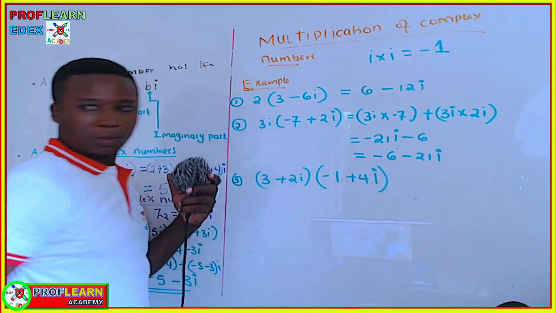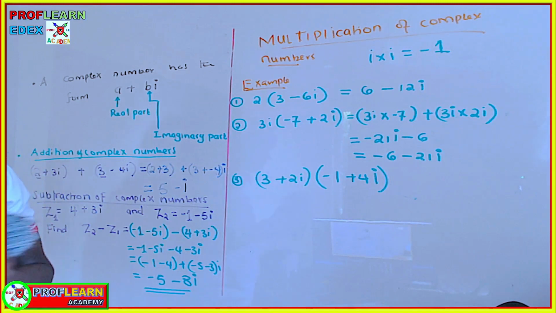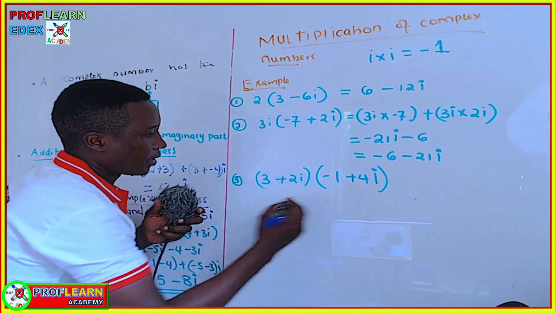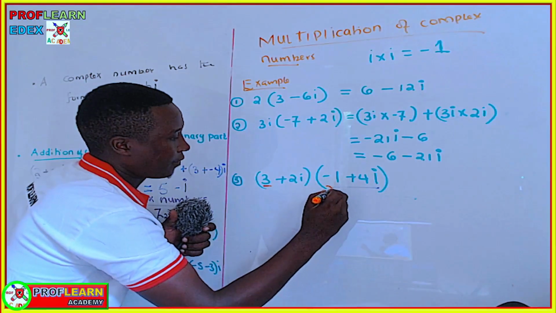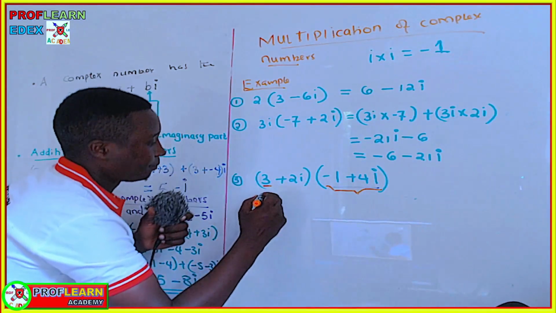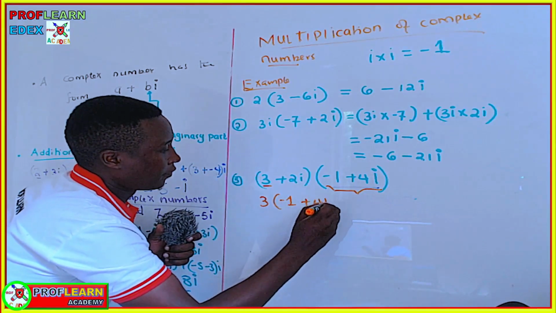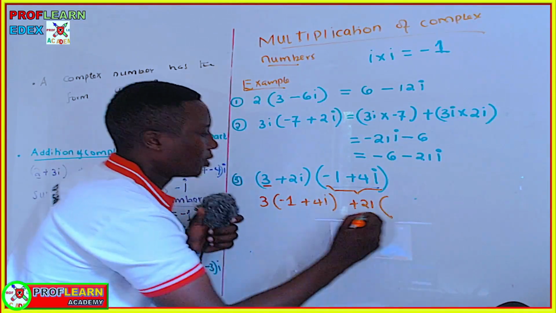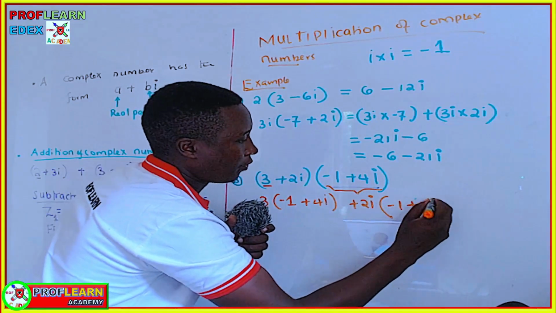So in that kind of scenario, how do we approach this? We can multiply the first term with everything in the second bracket, that's 3 into bracket minus 1 plus 4i, then plus 2i, which is multiplied to everything in the second bracket, minus 1 plus 4i.